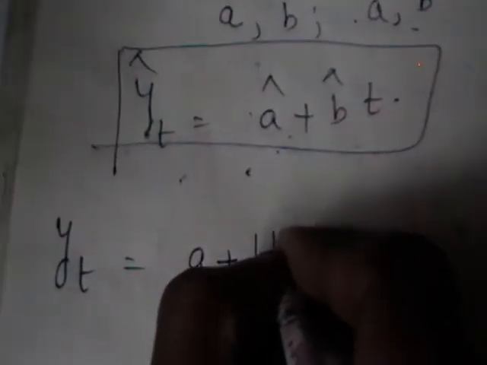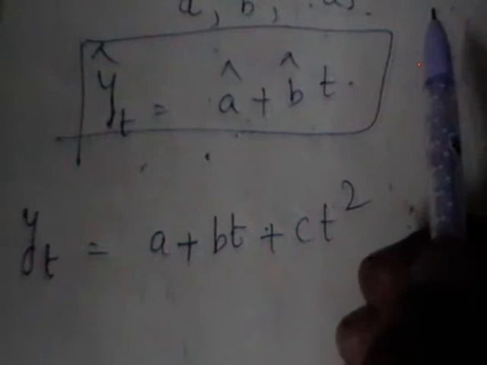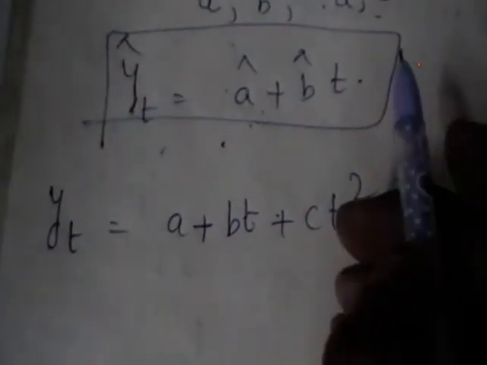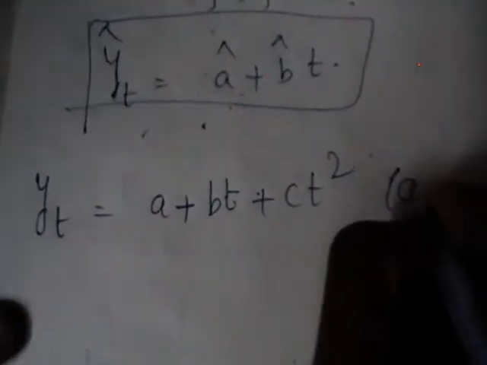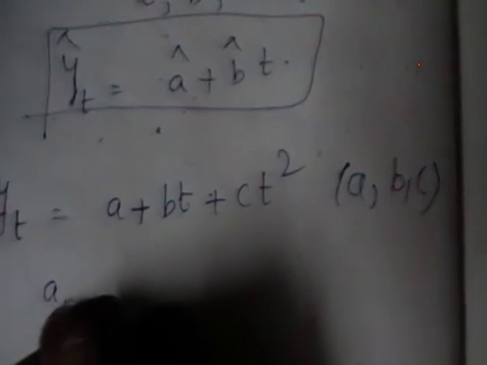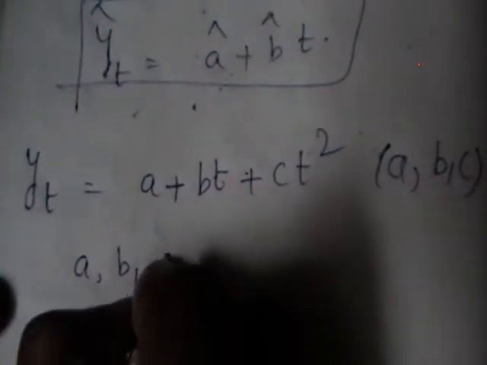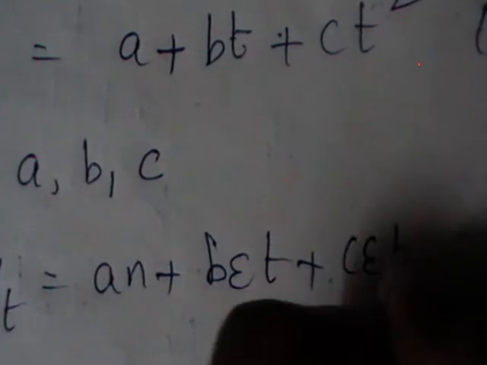What is the other form? I think this doesn't need further explanation. You can write the normal equations with your knowledge which you have learned in the previous classes. If you are fitting a second degree parabola, how many constants are there? A, B, C. So you will get three normal equations, one with respect to A, one with respect to B, one with respect to C. First one is sigma yt is equal to an plus b sigma t plus c sigma t square.